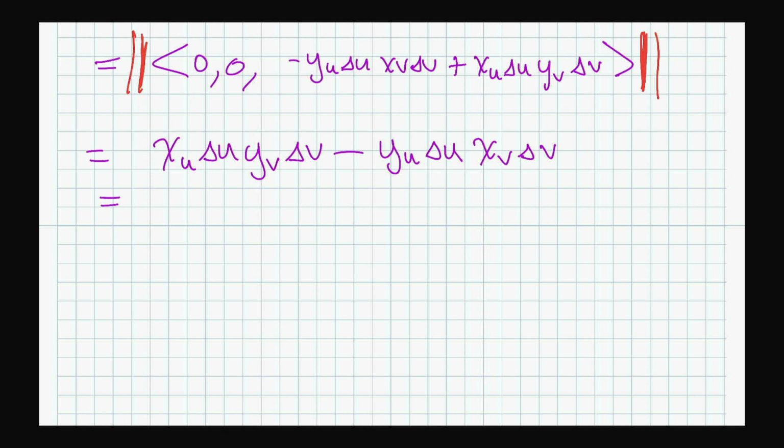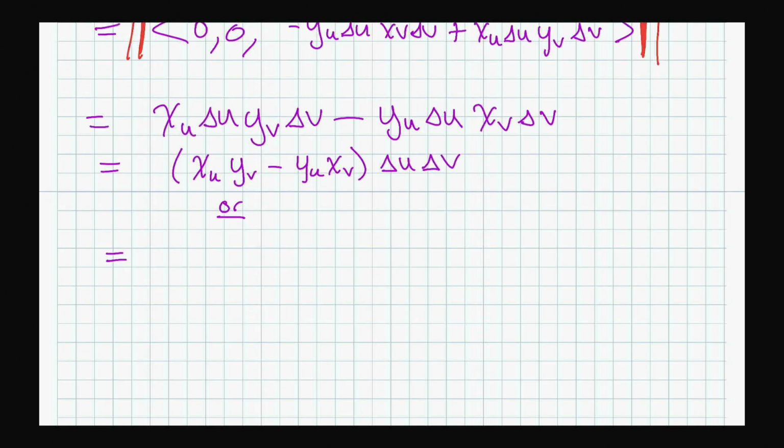How about parentheses xu yv minus yu xv, and then you can stick the delta u delta v on the end. Or even, this is not any different, this is just writing things in alternate notation.